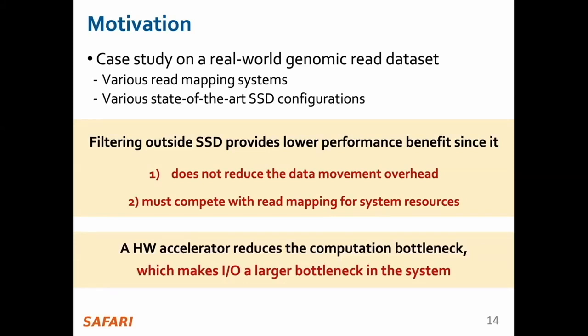We have discussed several approaches that greatly reduce the performance overhead of read mapping in the previous lectures. By leveraging these advanced optimizations, we observed that since the computational overhead is becoming much smaller, it becomes even more critical to address the IO bottlenecks because the relative overhead in the system increases.